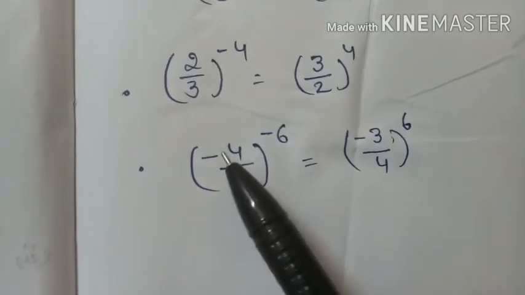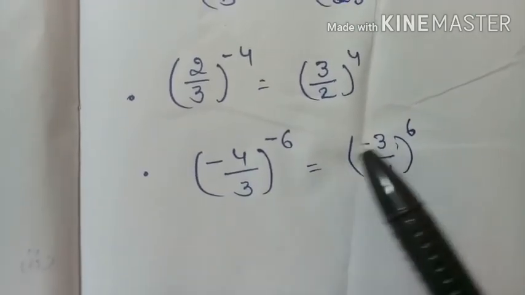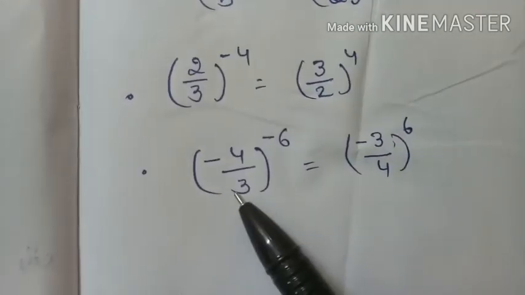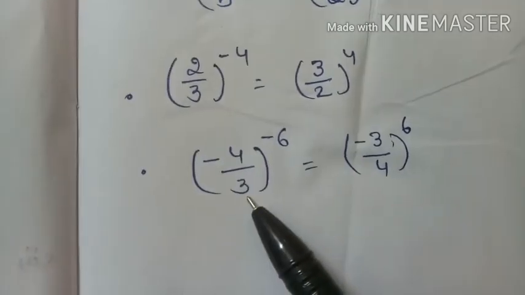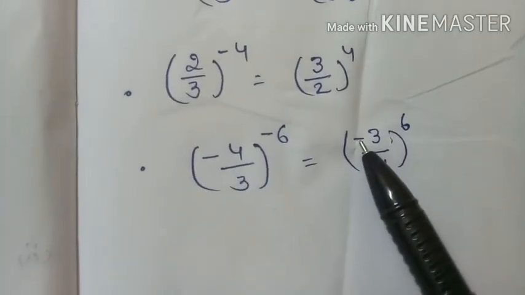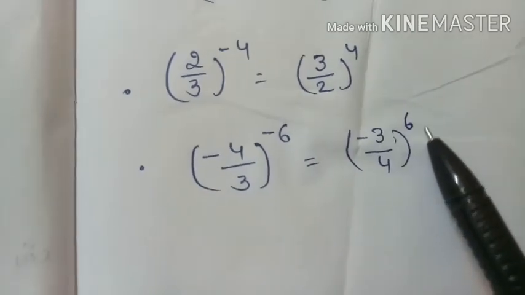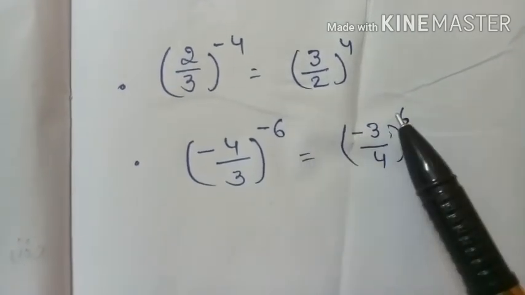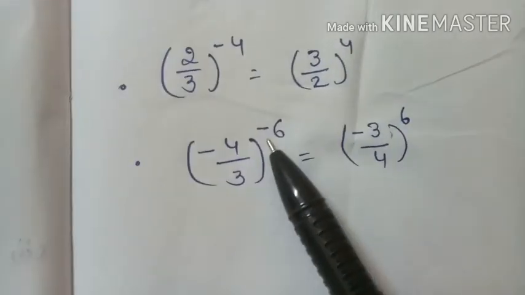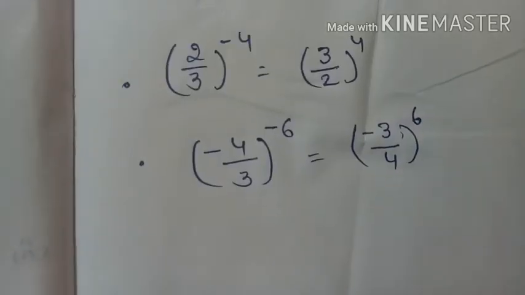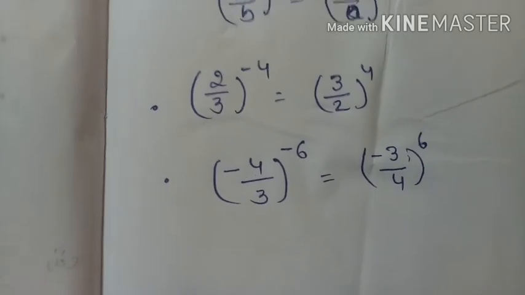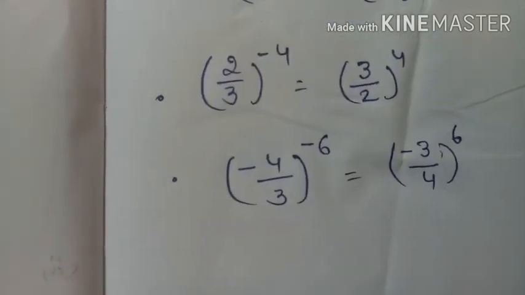It should be converted, so 3 becomes the numerator, 4 becomes the denominator. Just keep the minus sign. So minus 3 by 4 whole to the power of 6. Minus 6 becomes plus 6. Clear? In this way we have to use the formulas.